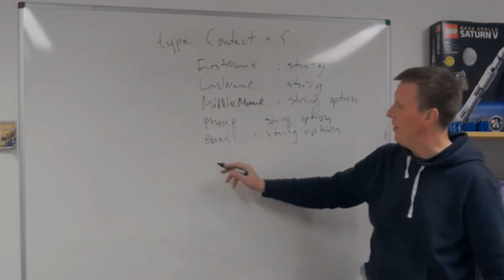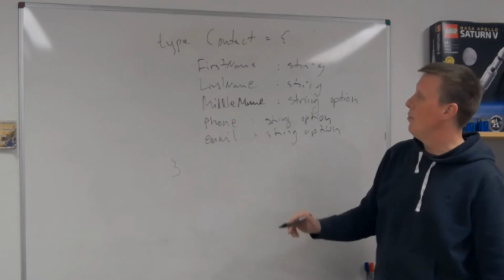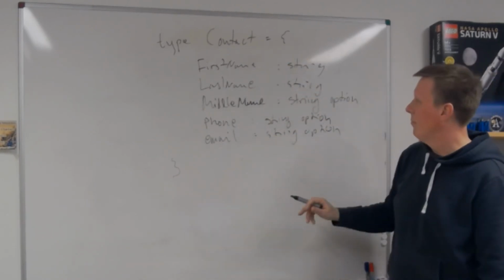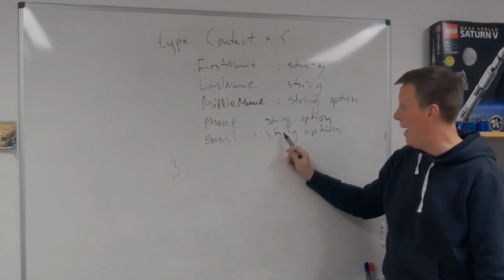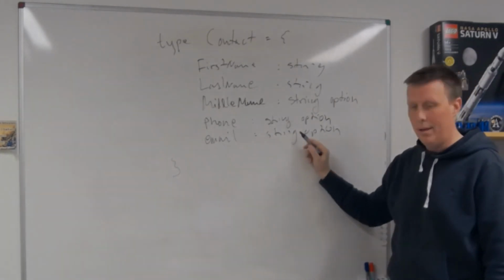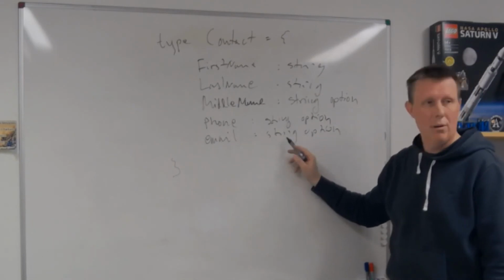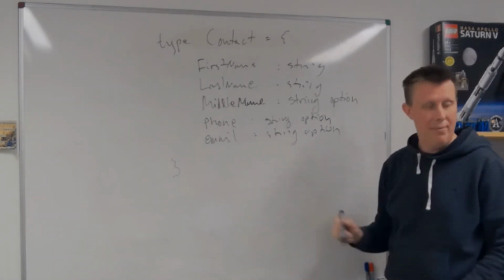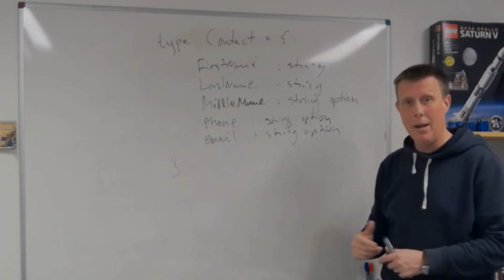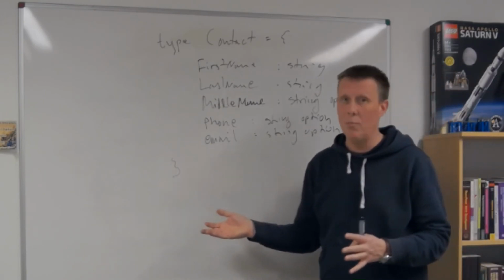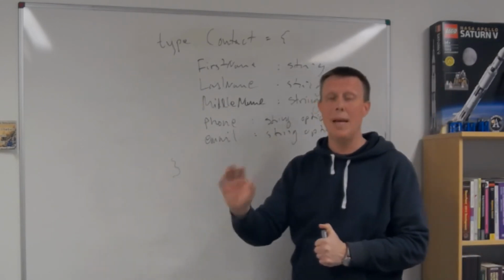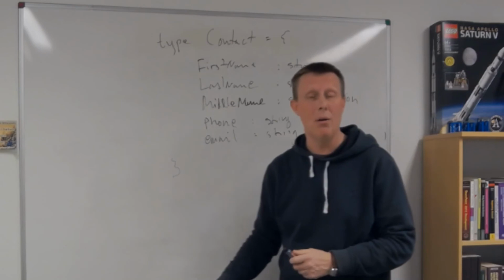Whereas if you would write your type like this, you would know that you have a first name and a last name and a middle name, and perhaps you would have a phone number or an email, but they could potentially both be none, and then your type would actually be invalid because it's a requirement in the specification that you be able to contact the person somehow.